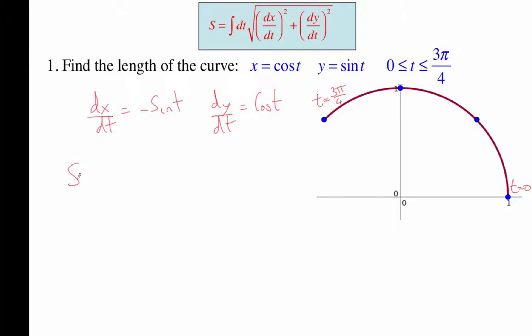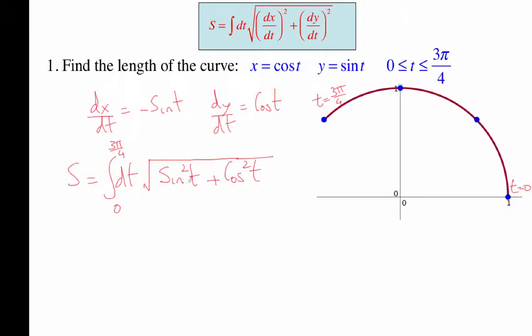And so S is then the integral dt from 0 to the maximum value of t, which is 3 pi by 4. We take the square root of dx by dt squared, which is sine squared t, and then dy by dt squared, which is cosine squared t.